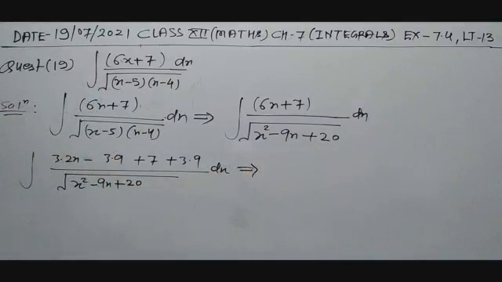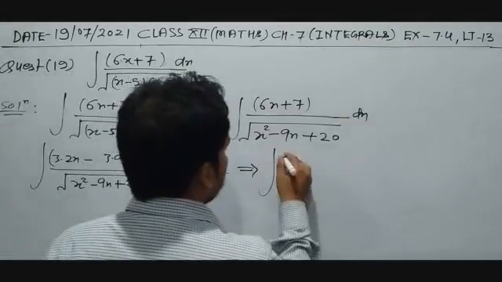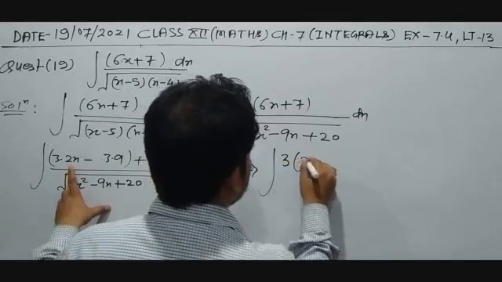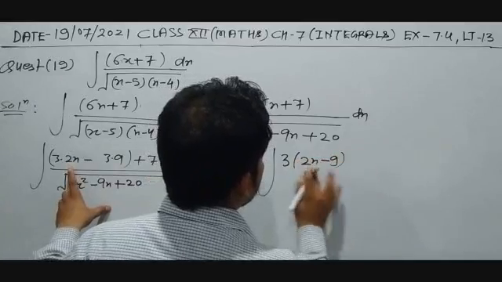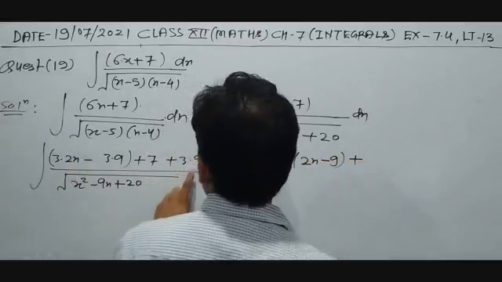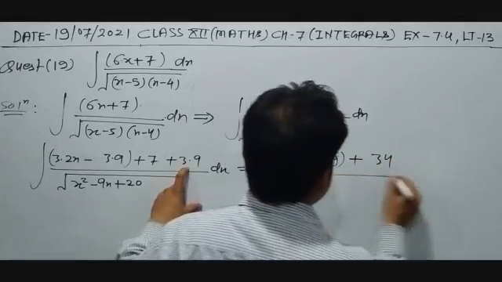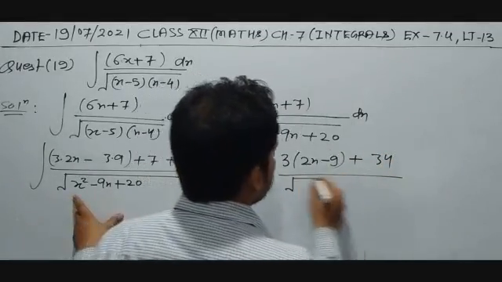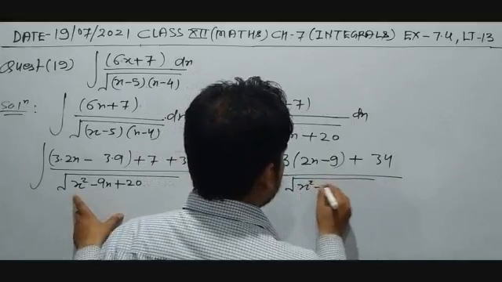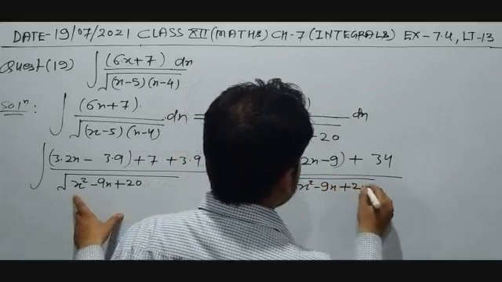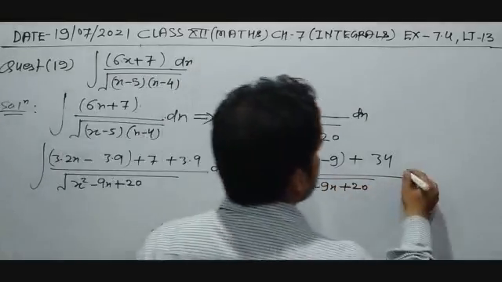Now taking the first two terms and taking 3 common, we get 3 times (2x − 9) plus 3 nines are 27, plus 7, that is 34, whole upon root over x² − 9x + 20 dx.